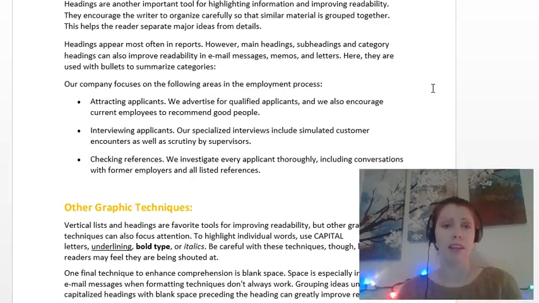Another thing the company does is interviewing the applicants. Our specialized interviews include simulated customer encounters, as well as scrutiny by supervisors. And a third point, checking references. We investigate every applicant thoroughly, including conversations with former employers and all listed references.